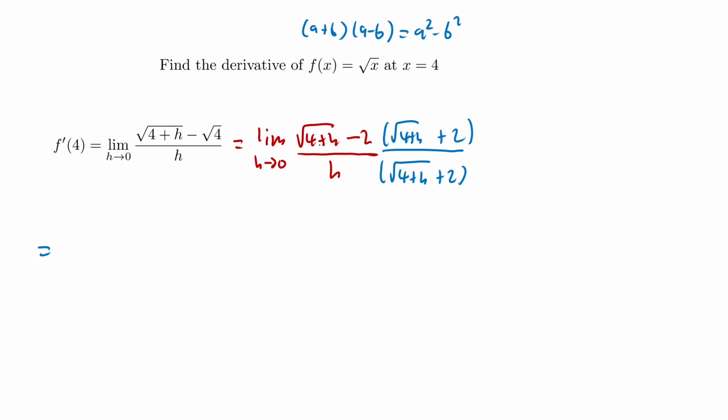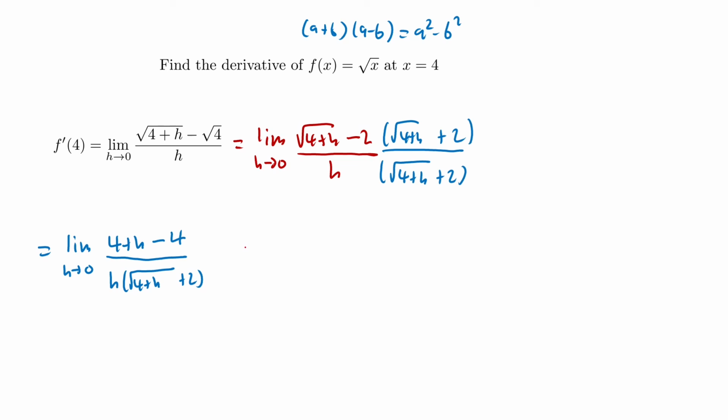So just to show that that happens, this is going to be in the numerator. Always write your limit here. It's going to be 4 plus h, because the square root of 4 plus h squared is 4 plus h, minus, and then 2 squared is going to be 4, over, and then we're going to have an h, and then we're just going to leave the square root of 4 plus h plus 2 in the denominator here.